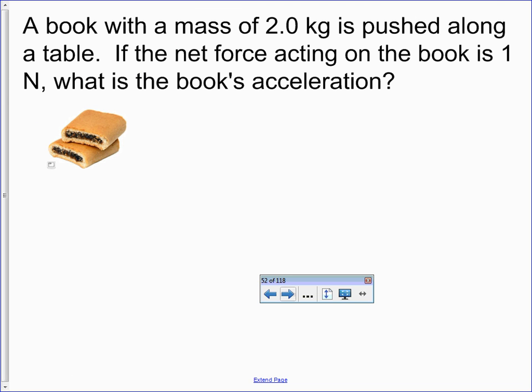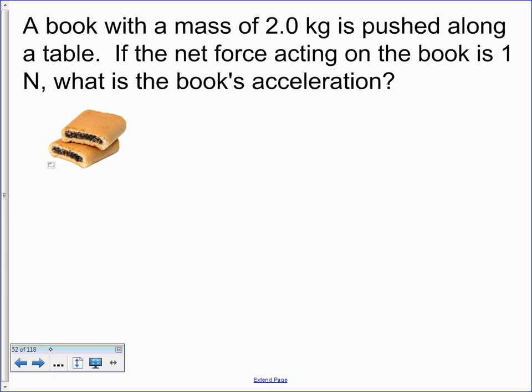So I'm only going to take you through one example. Write down the problem if you want and take note of the format. And we're going to use the same strategy, the GUESS method. So a book with a mass of 2 kilograms is pushed along a table. If the net force acting on the book is 1 Newton, what is the book's acceleration?